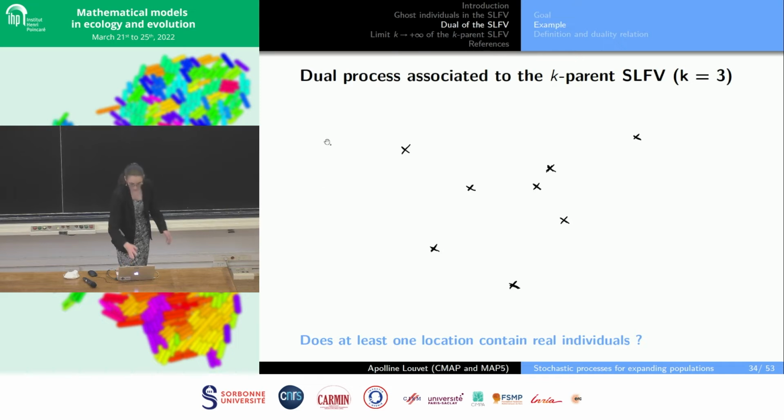To illustrate how to construct this dual process, we can consider that we have several locations, and we want to know if at least one of them is actually occupied, so contains real individuals. So what we are going to do is go backwards in time, and look at the reproduction events which affected this sample.